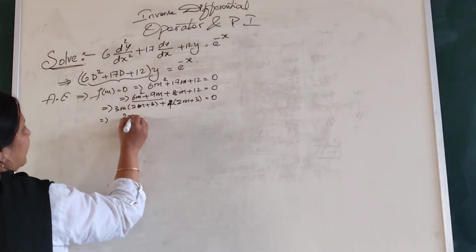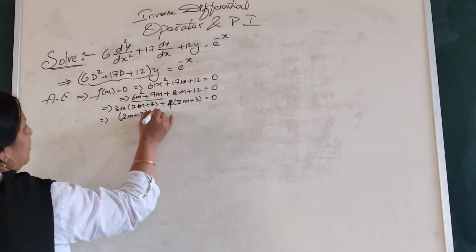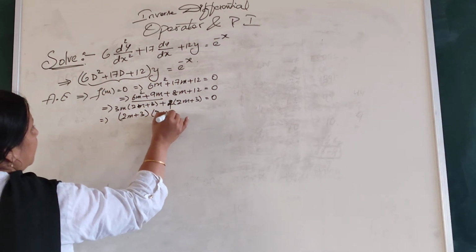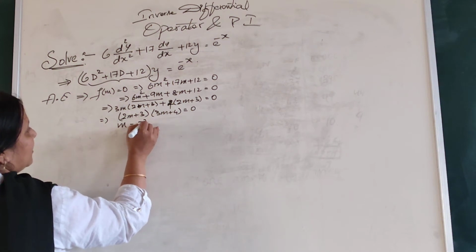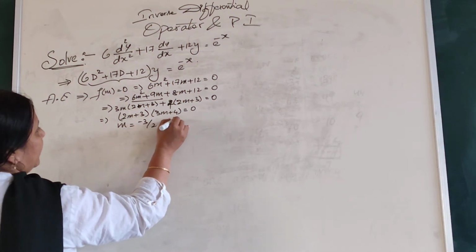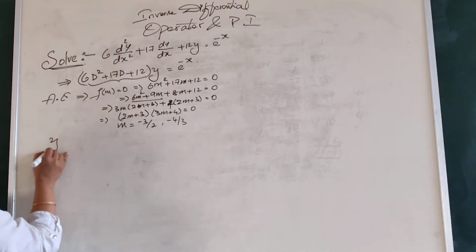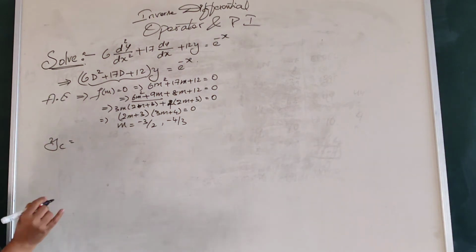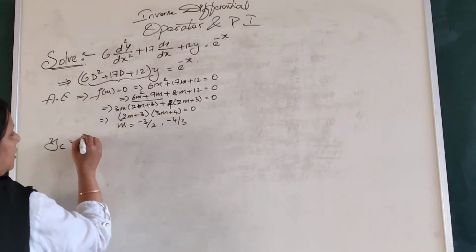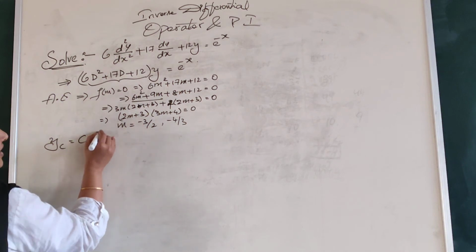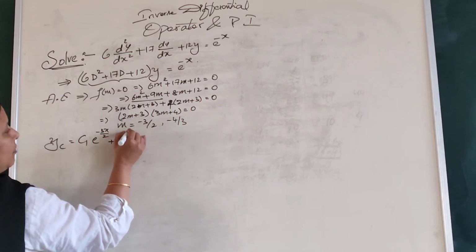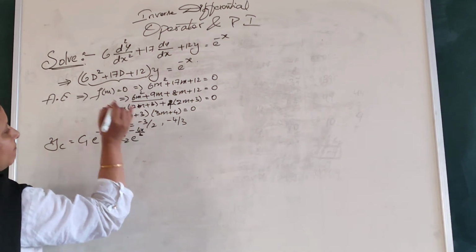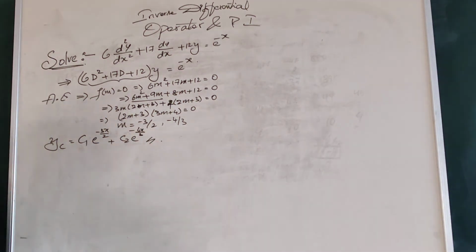So the factors are 2m plus 3 into 3m plus 4. Hence m is equal to minus 3 by 2, comma minus 4 by 3. Therefore our complementary function yc is given by unique roots. So c1 e raised to minus 3x by 2 plus c2 e raised to minus 4x by 3. So this is our yc part.